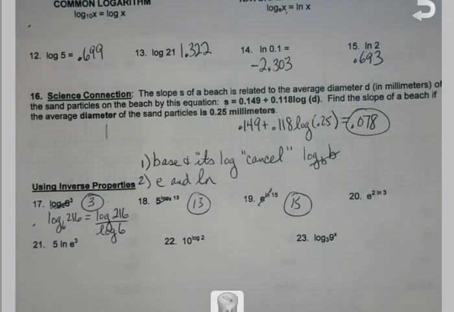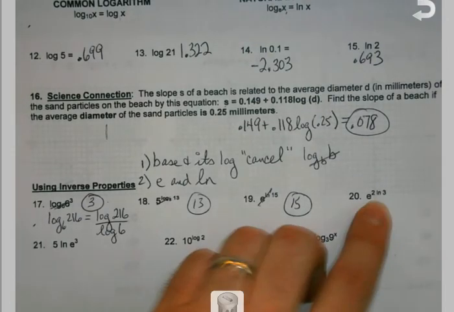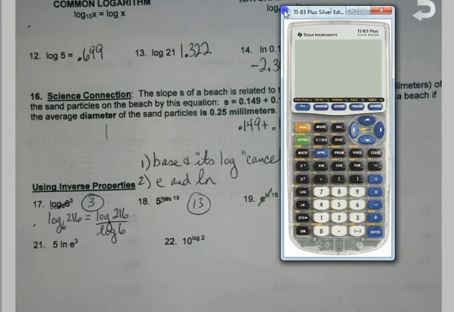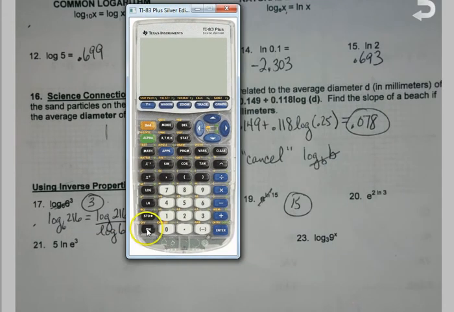Now, we're going to learn more about this soon. This one I'm going to punch in my calculator. Let's see if we can discover how this one works. So e, when we talked about it before, is second ln, which makes sense. They're inverses. They use the same button. And I'm just going to type in what I see. So I've got 2 ln 3.